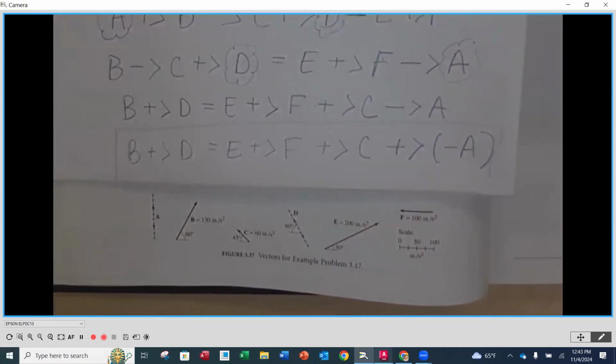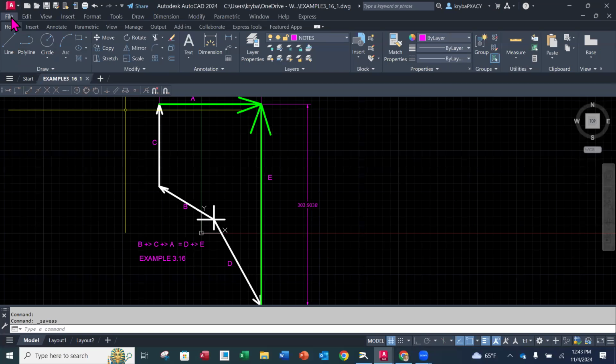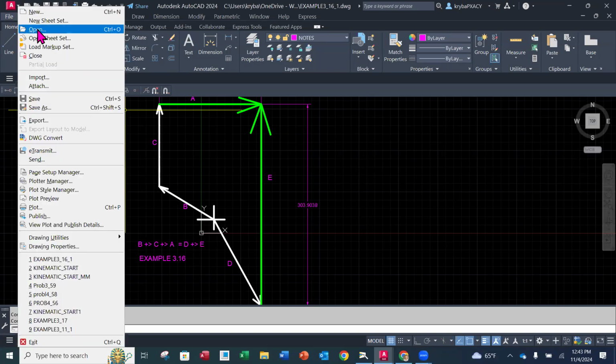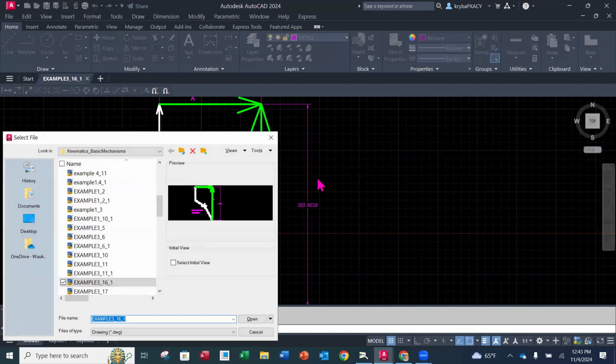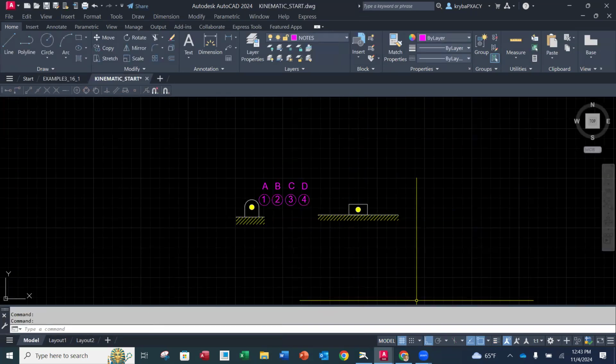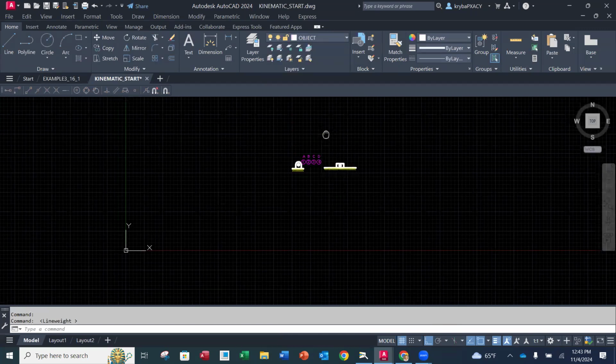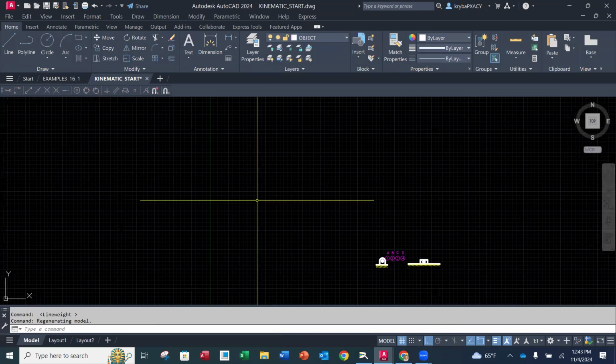I'm going to go over to AutoCAD, and I am going to open up my start file. And I'm going to draw the vectors that I know and I don't know.